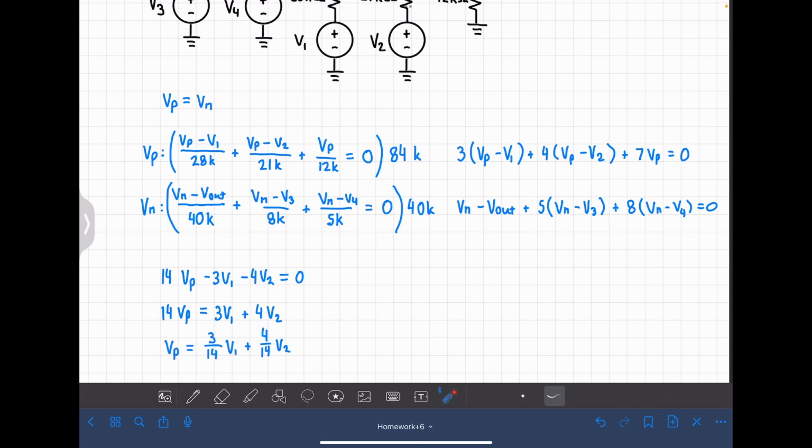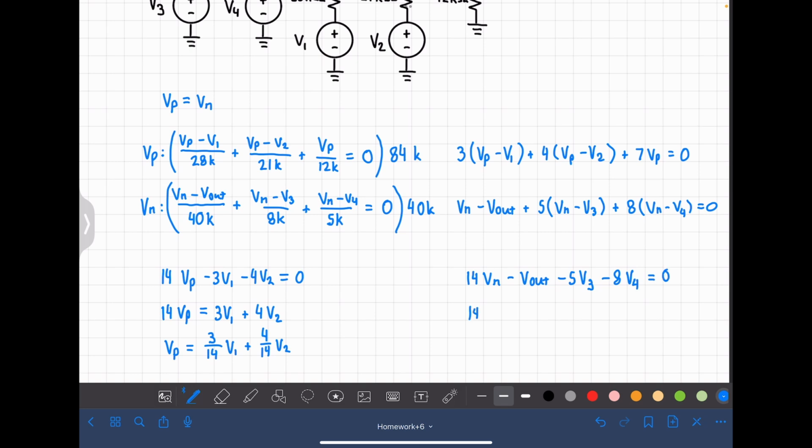Now let's try on this one. So we have Vn plus 5Vn plus 8Vn gets us 14Vn, minus Vout, minus 5V3, minus 8V4 equals 0.